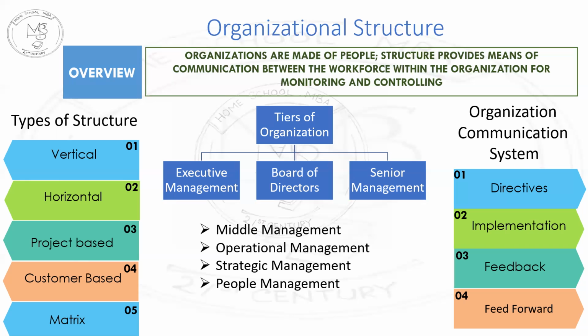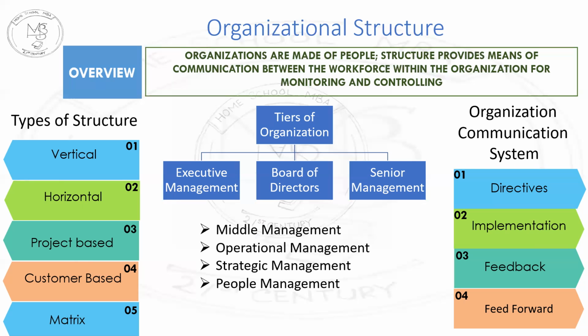Generally speaking, under the tiers of organization, we have executive management, board of directors, and senior management. The board of directors is the board of owners and elected directors. They are responsible to strategize the organization and then look at the profit and loss of the organization.